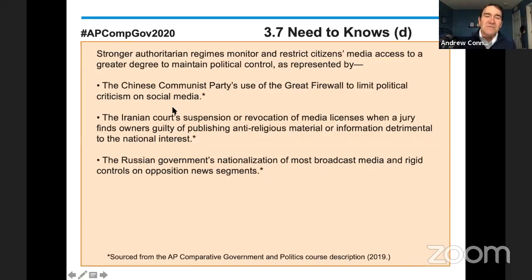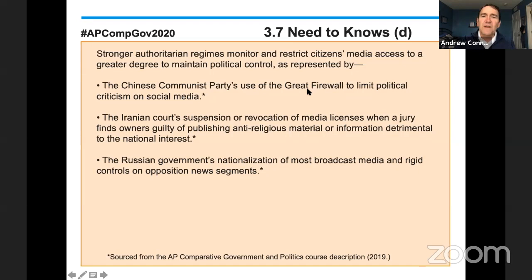So I was mentioning before, in the course description, those asterisks are information that's sourced directly from the course description. So here's where we have some really good examples in the course description I was showing you earlier about authoritarian governments monitoring and restricting citizens' media access.